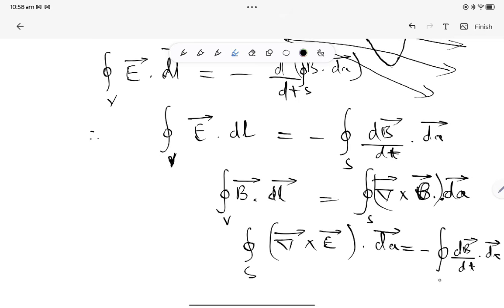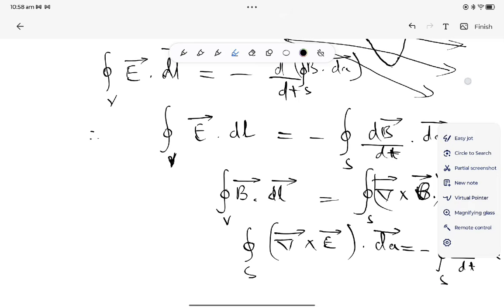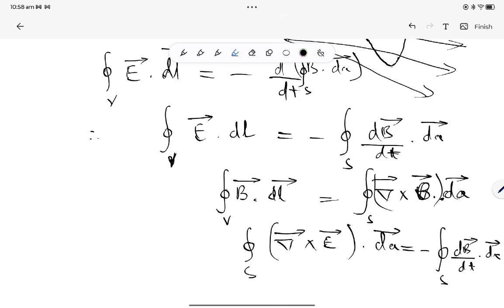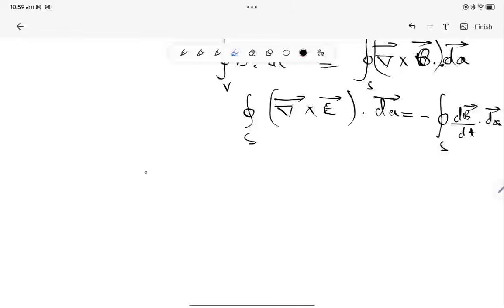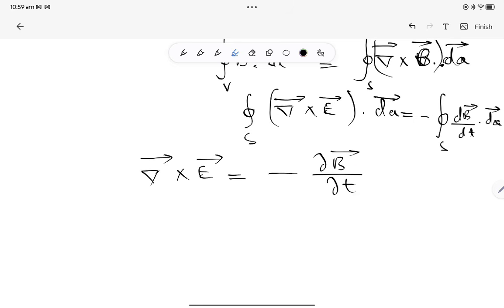Since this must be true for all types of surface, whether small or large, we can simply write del cross E is equal to minus del B by del t. This is what we call Maxwell's third equation. It is also the differential form of Faraday's law of electromagnetic induction.